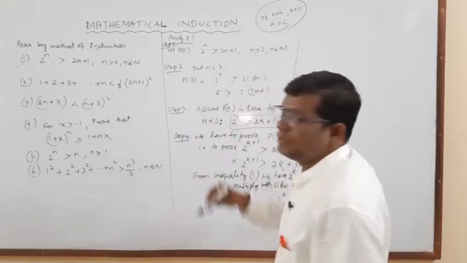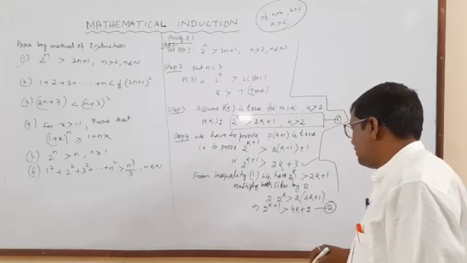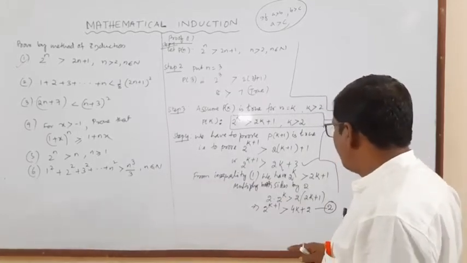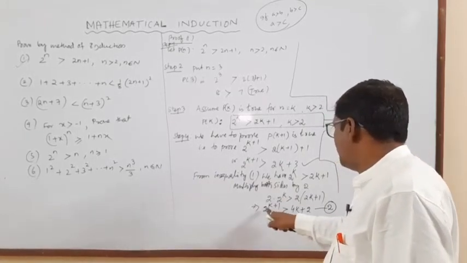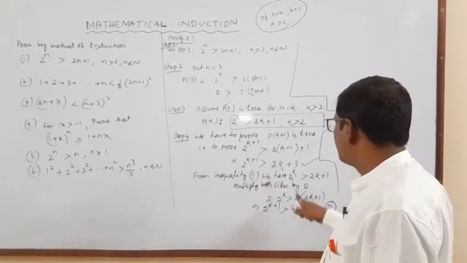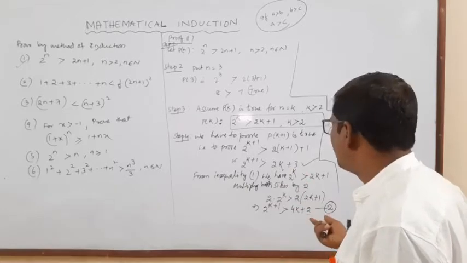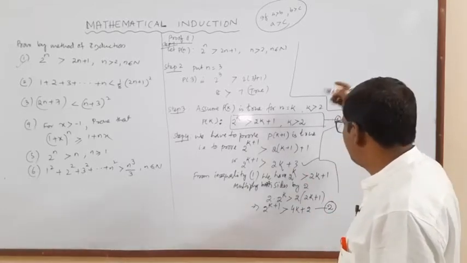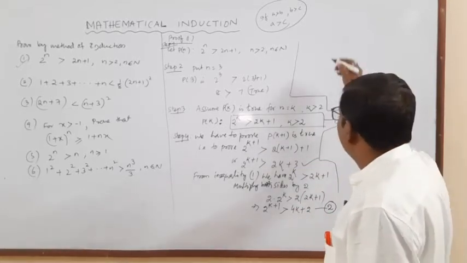Use this logic. 2 to the power k plus 1 greater than 4k plus 2, and 4k plus 2 greater than 2k plus 3.